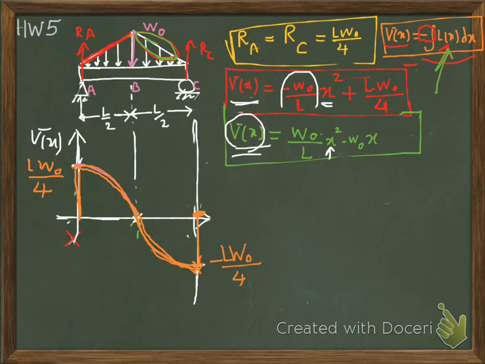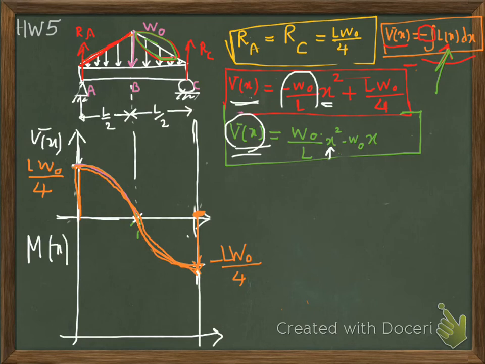Alright, so now let's clean that. I'm preparing to plot down here. Well, not very successful. Alright, x, and this is going to be my M of x. Okay, that is all we need.